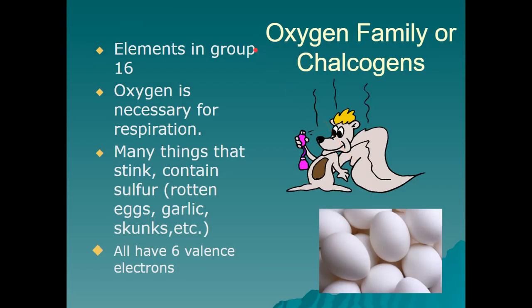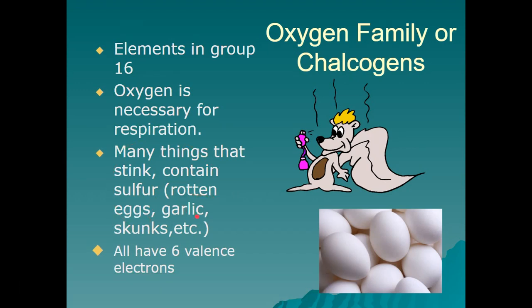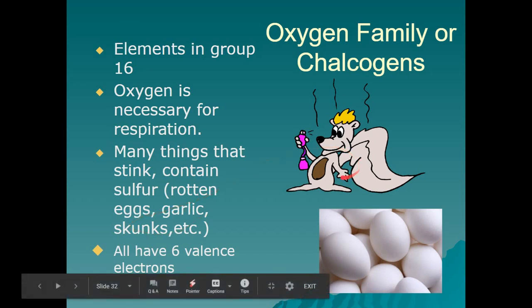Okay, the oxygen family, or the chalcogens, elements in group 16. Oxygen is necessary for respiration. Of course, we know that; you need it to breathe every single day. Many things that stink contain sulfur, which is also in this family: rotten eggs, garlic, skunks, their odor.